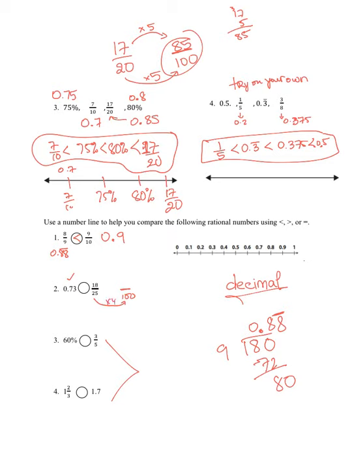So if we do it to the denominator, we have to do exactly the same to the top. So 18 times 4 as well, which is 72. So 72 out of 100 means 0.72. So of course 0.73 is greater than 0.72.